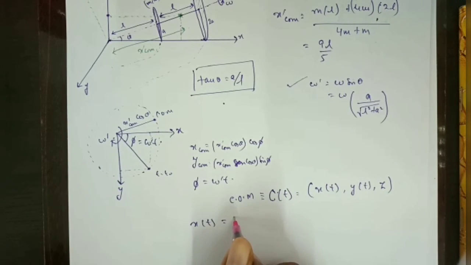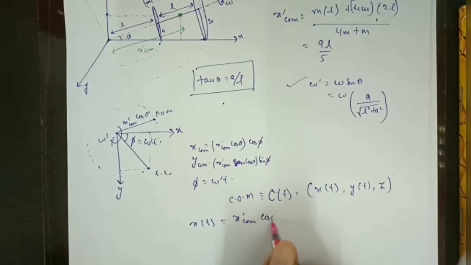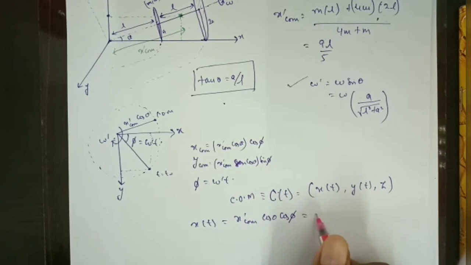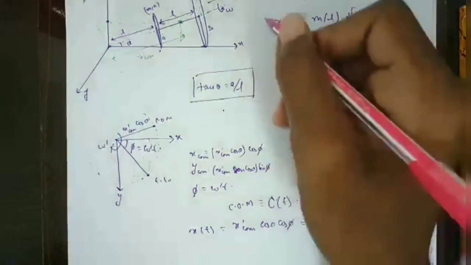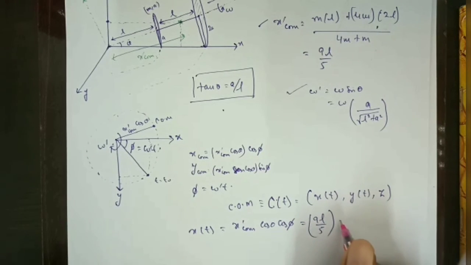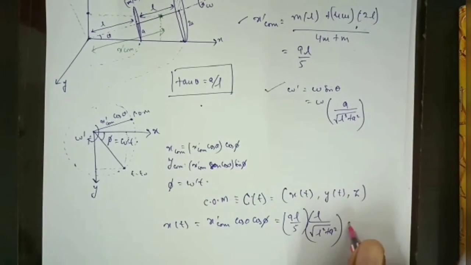We can write x COM as x prime COM cos theta cos phi, which is equal to, we know x prime COM is 9L by 5, cos theta is L by root under L square plus a square, and cos phi we can write as cos omega prime t.